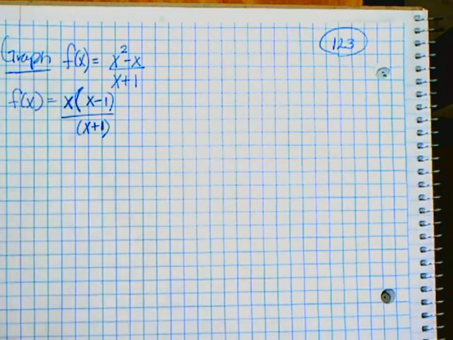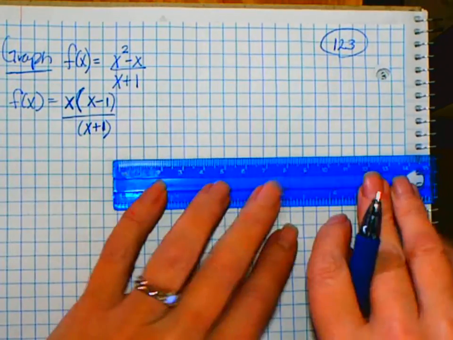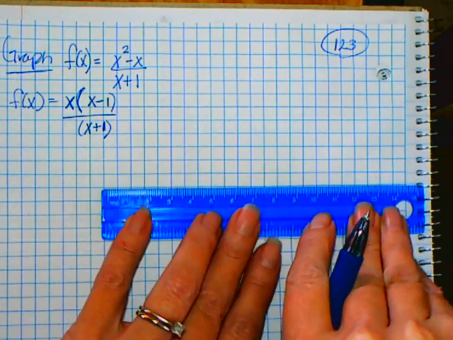Alright, and I'm going to find all my stuff. I'm going to go ahead and draw my graph in. And I'm going to draw a pretty decent sized graph. Now I'm going to make it really pretty. Put it over here on the side.